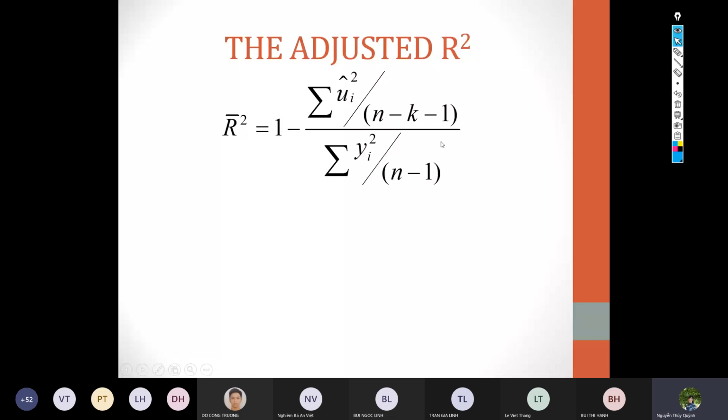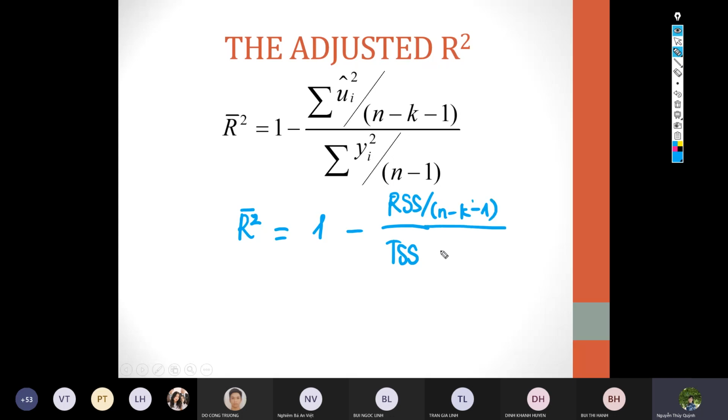Look at this. You can see that R square bar is just the coefficient of determination, that is 1 minus RSS divided by TSS, with the adjustment to the degrees of freedom of those sums of squares, which is n minus k minus 1 for RSS, and n minus 1 for TSS.